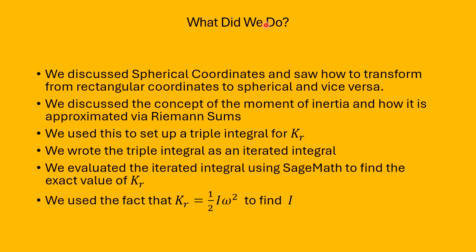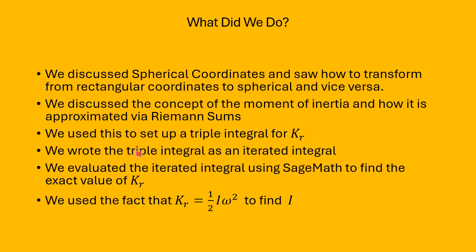So what did we do? We discussed spherical coordinates and saw how to transform from rectangular coordinates to spherical and vice versa, from spherical to rectangular coordinates. We discussed the concept of the moment of inertia and how it is approximated via Riemann sums. We used this to set up a triple integral for the total kinetic energy of rotation of this cone around its axis of symmetry.